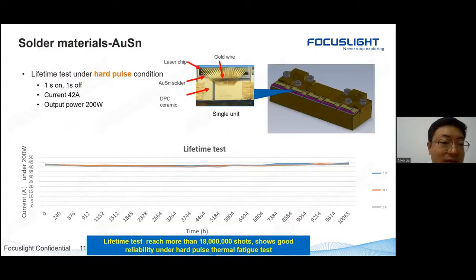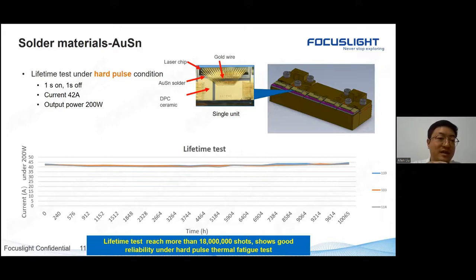To test the thermophysical effect of the gold-tin, we also use our self-made ceramic substrate with gold-tin deposition and bond the laser chip, under hard pulse conditions, because hard pulse is a very tough condition for the thermophysical test.